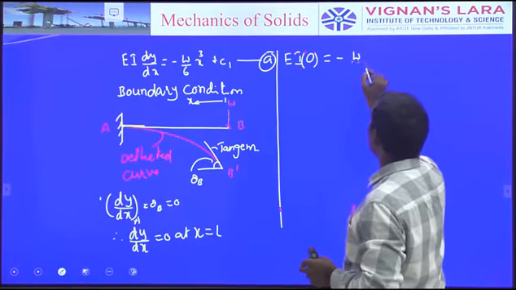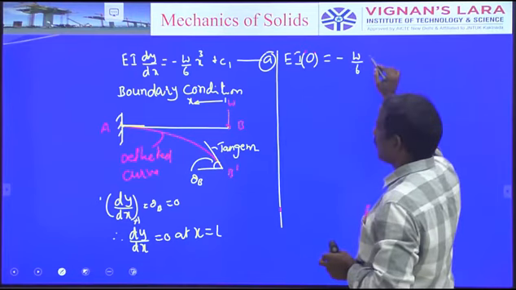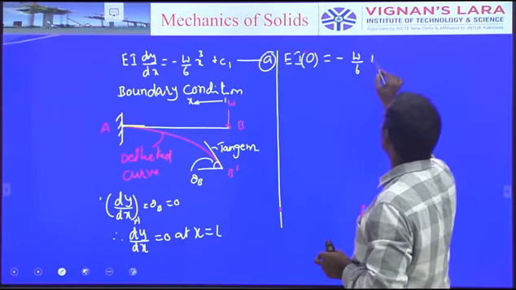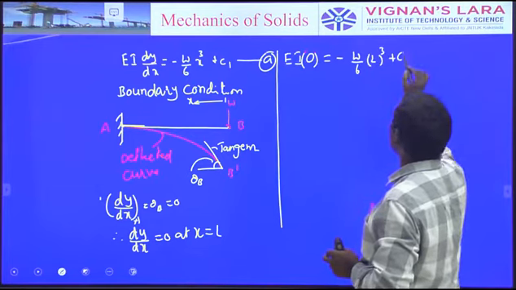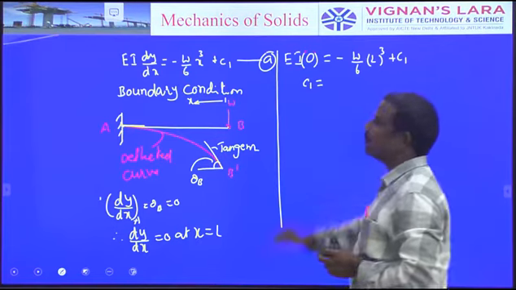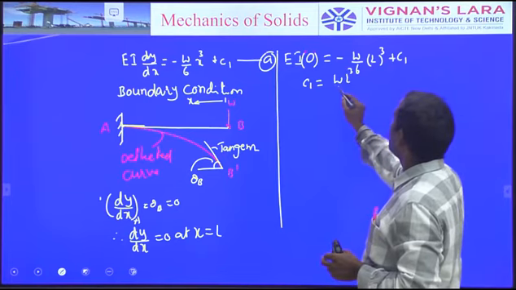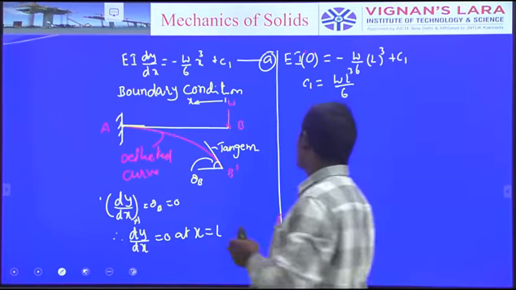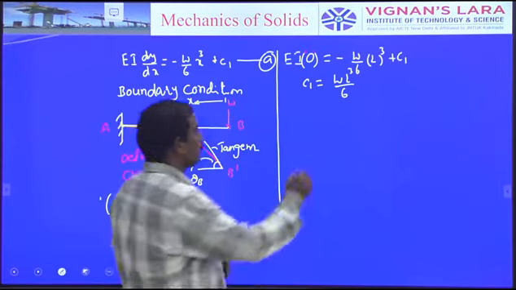Minus w by 6 into x equal to L, that is L cube, plus C1. From this, C1 is equal to W L cube by 6. Substitute the C1 value in equation number A.